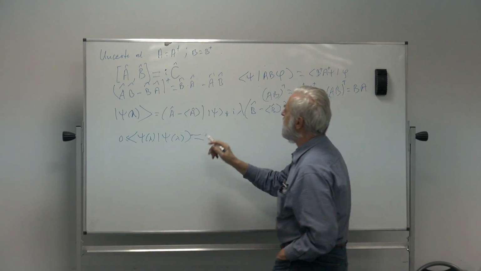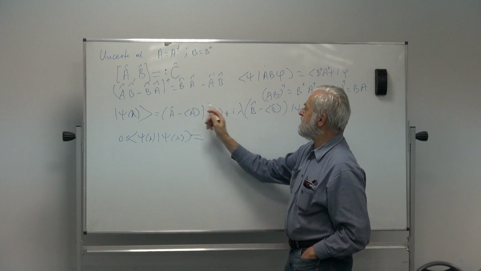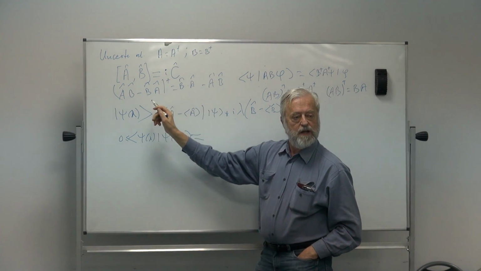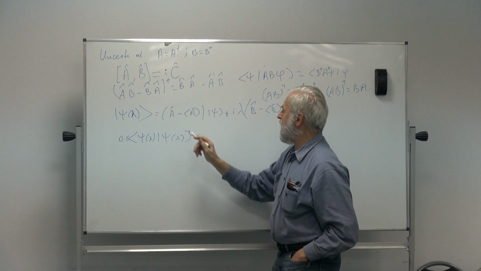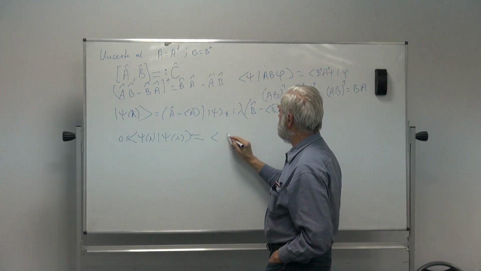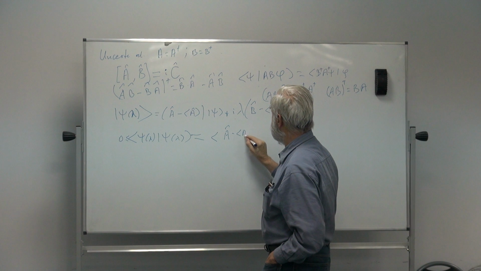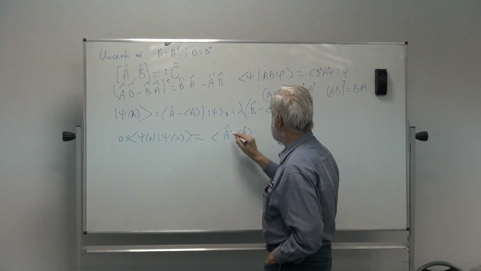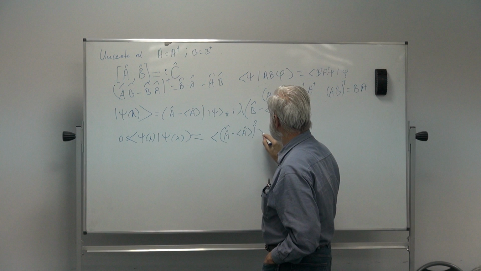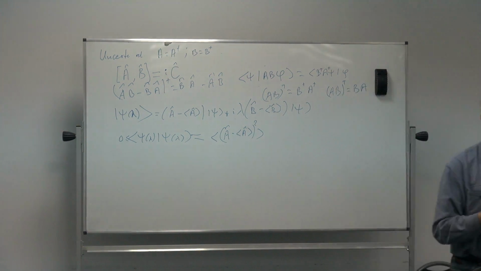And of course I can compute it. What do I get? Well, I have to multiply this fellow by its conjugate, which gives the mean value of A minus mean A, squared. I think it's obvious.